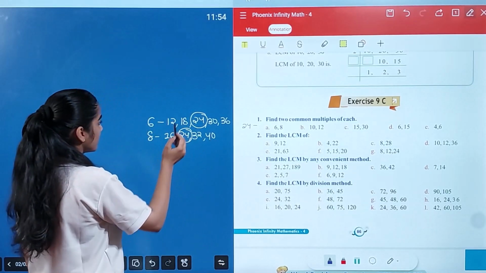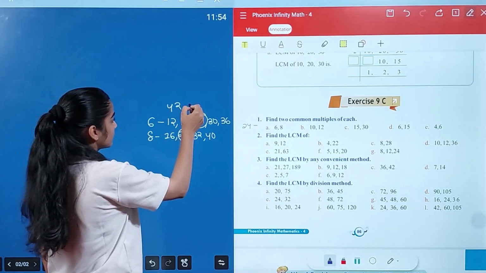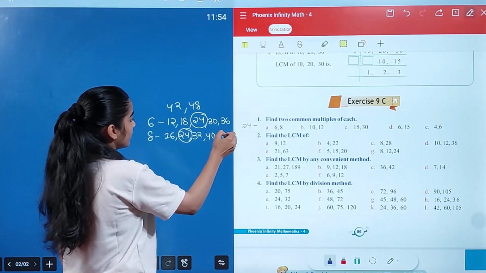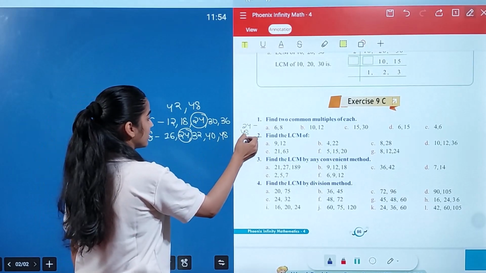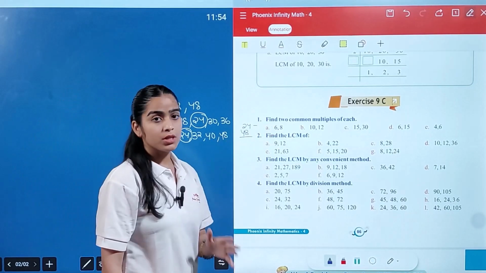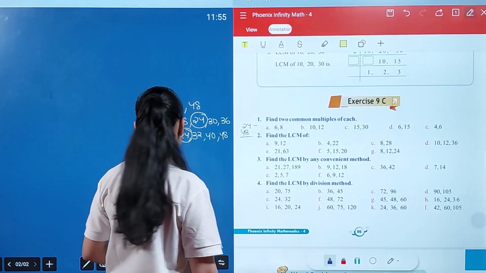After 36, we have 48. So we can write here 48. So these are the two common multiples of 6 and 8. Similarly, you can find the common multiples for the rest of the parts you have.